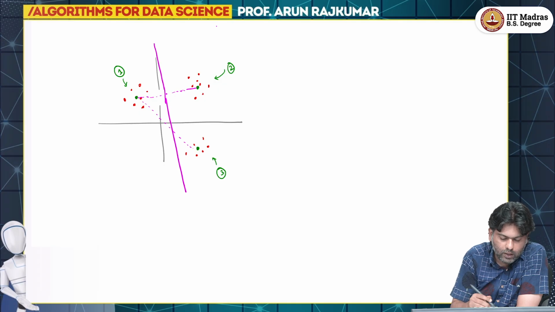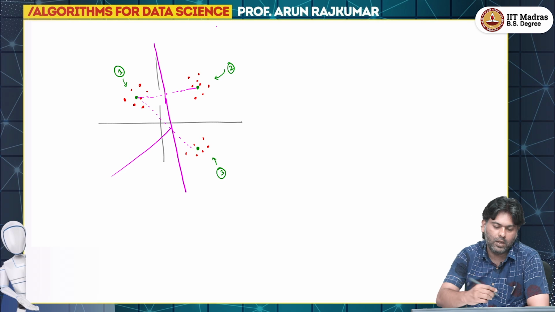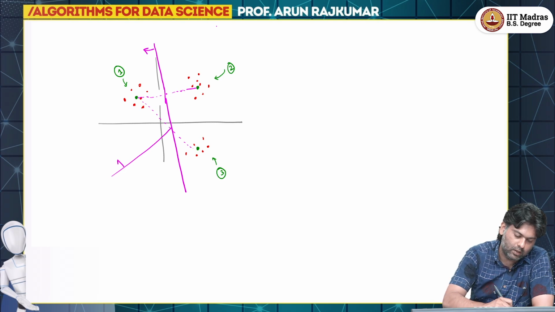Also to the left of the perpendicular bisector of the line joining centroid 1 and centroid 3, right? Because to the left, I mean in this direction and in this direction, right?